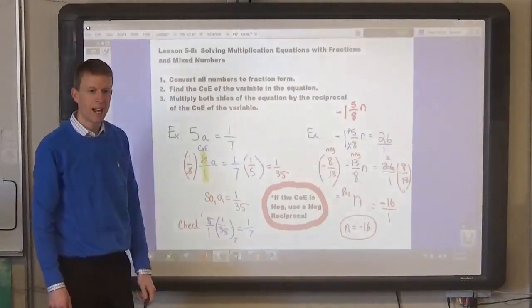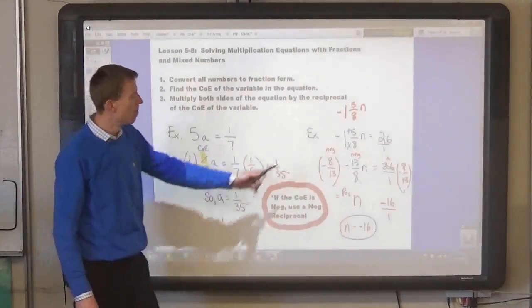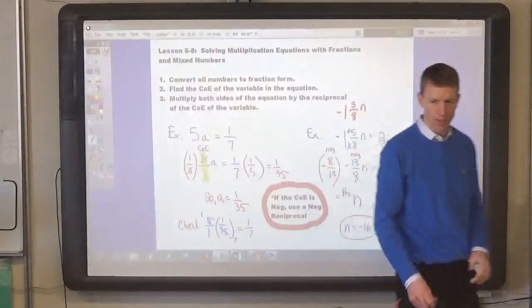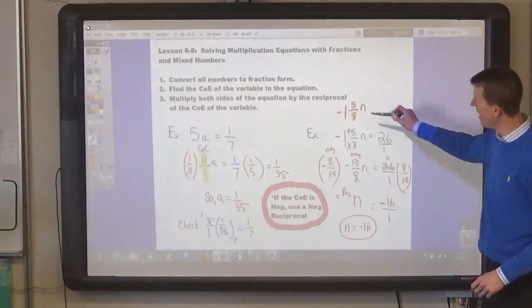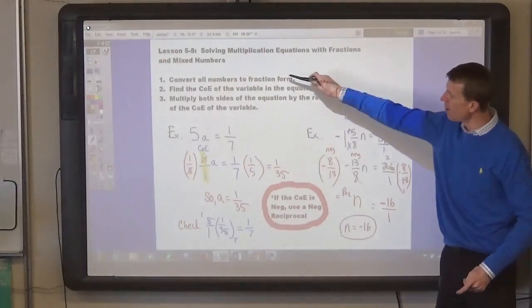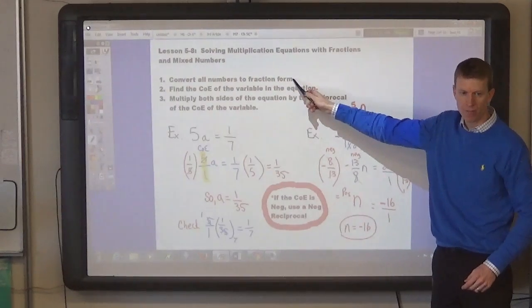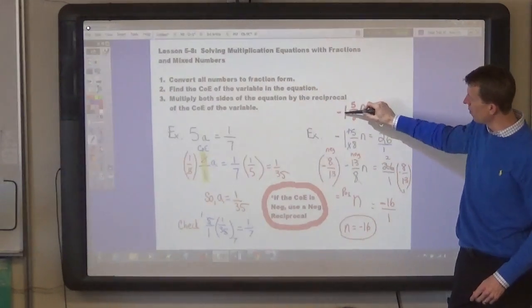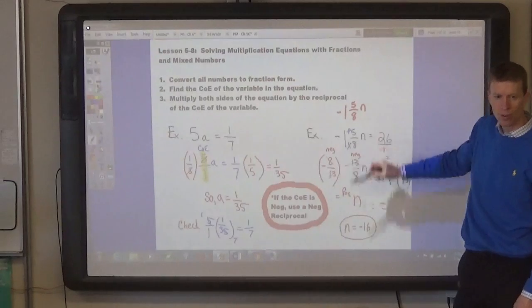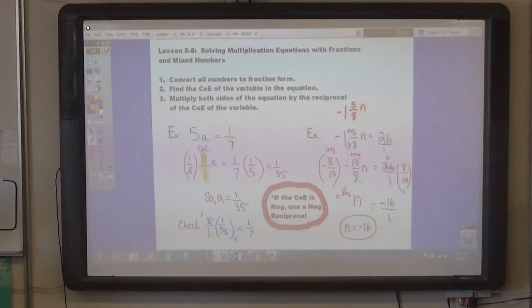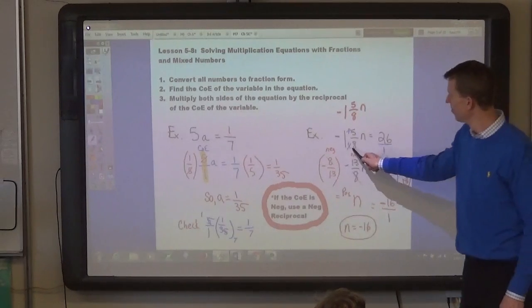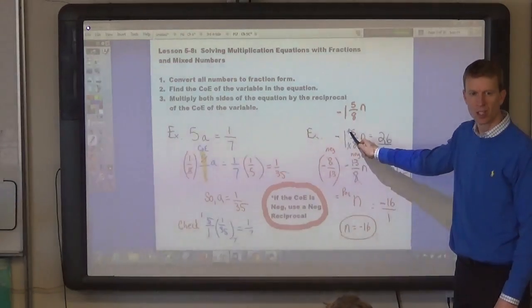This one starts with a negative mixed number. So if we have a negative mixed number, the first step is to convert all the numbers to fraction form. How do you convert -1 5/8 to a fraction? Jen? Multiply the whole number by the denominator and then add the numerator. Good.